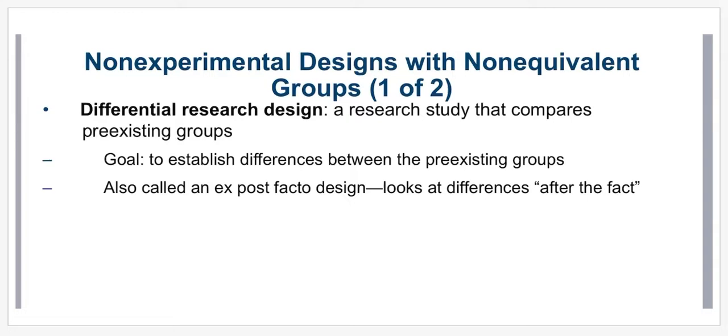Those are pre-existing groups, and so they can compare different attachment styles or different personality characteristics on any kind of different variables. Do they have more romantic relationships? Do their interpersonal relationships last longer? Depending on what personality trait you have or what attachment style you have, right? And so those are more examples of differential research.